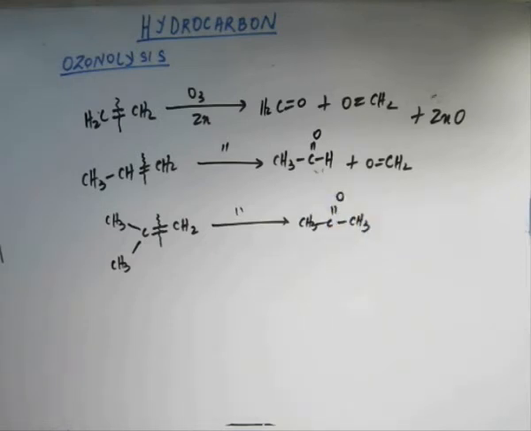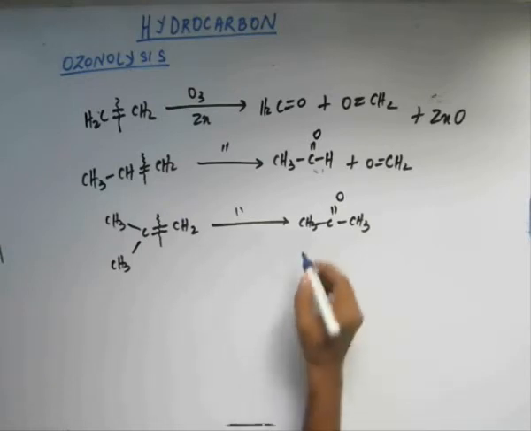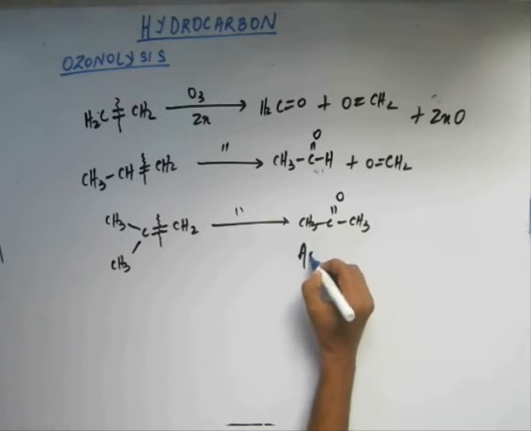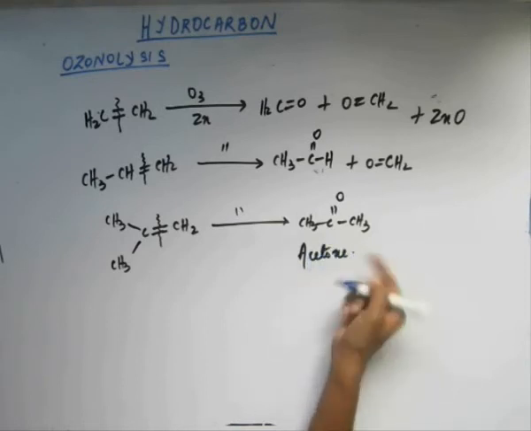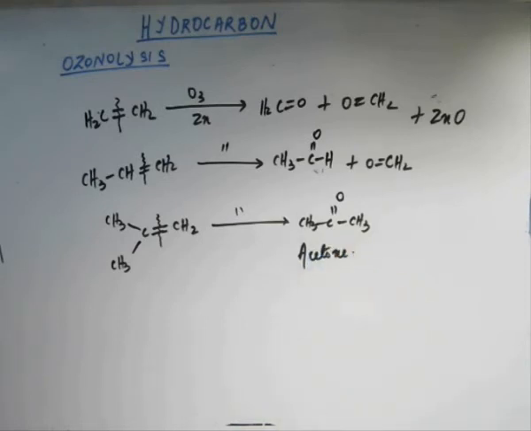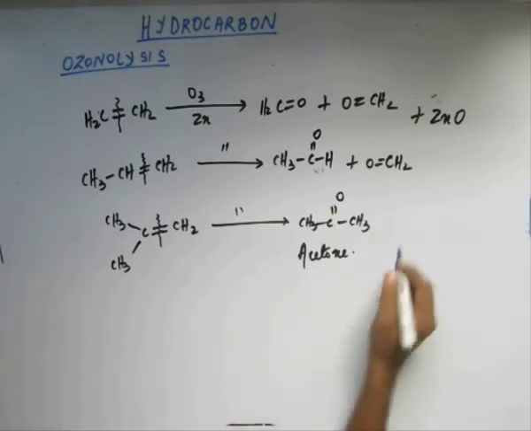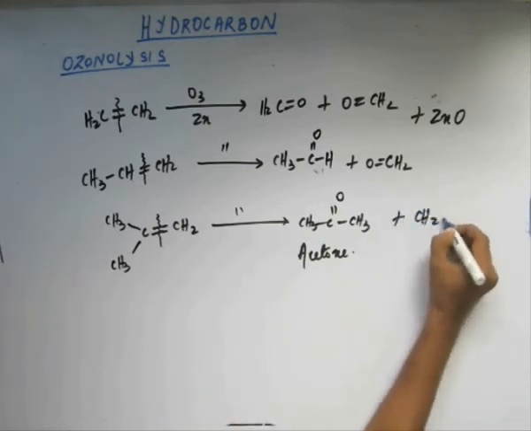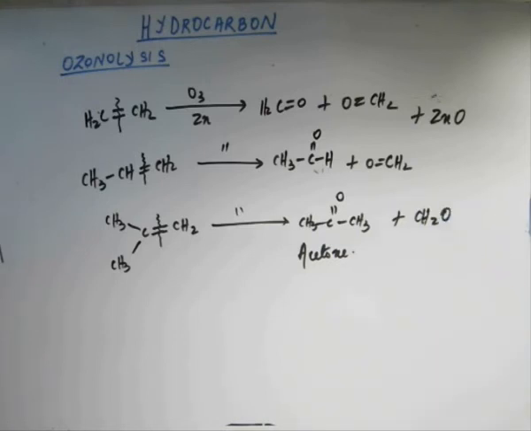You'll get propanone, more commonly called acetone. Acetone is a very common name, and if you get this compound in an exam, they will write acetone and not propanone. And from the right hand side you'll get methanal. Fine. So this is how you will proceed writing the product of ozonolysis.